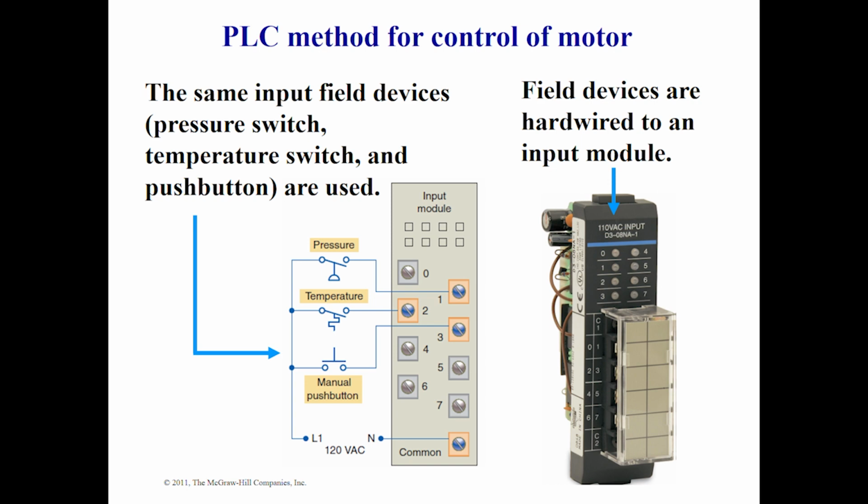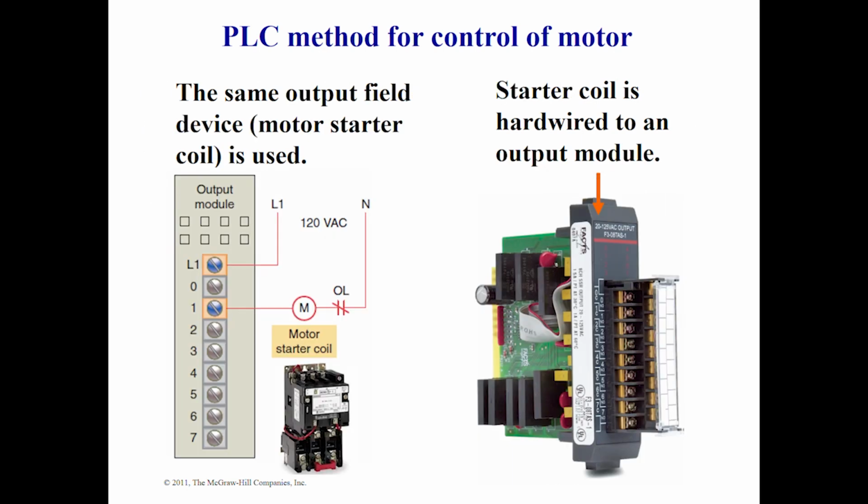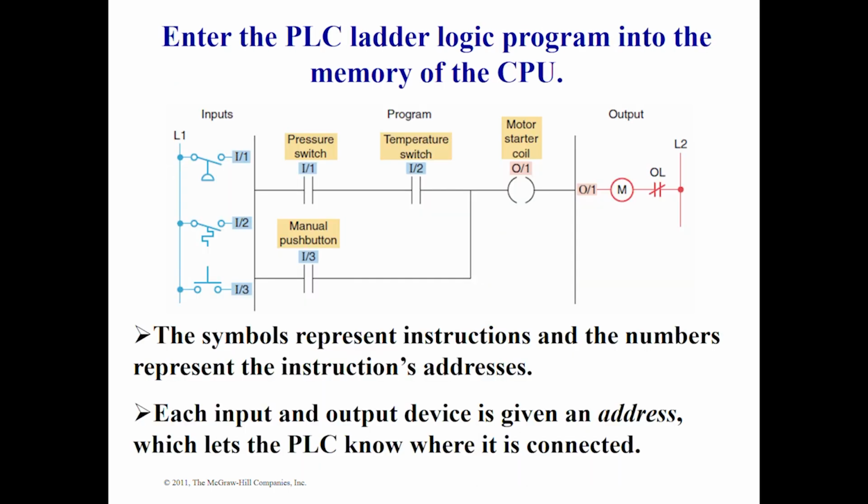So we have here pressure coming into input 1 in this example, temperature to input 2, and the manual push button into 3, all individually wired up to the input module. On the output module, we see that we just have the motor wired up here in this example to output number 1. So we're going to create a PLC program to replicate what we saw with the relay logic program.